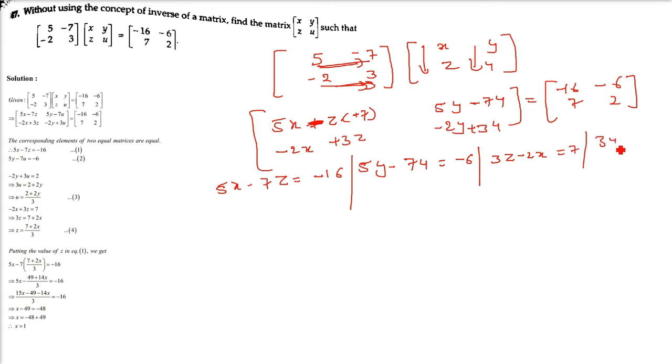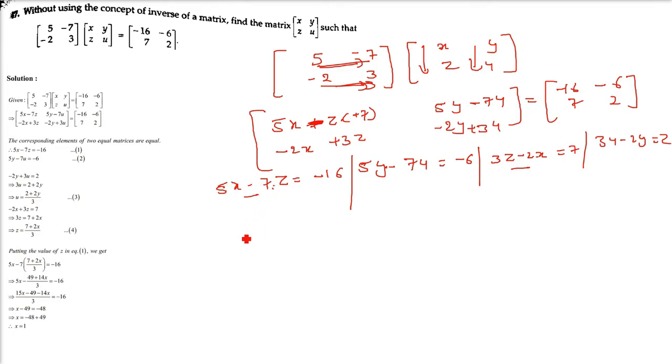The final equation, 3u minus 2y is equal to 2. Now there are two equations having x and z, and two equations with y and u. So we have simultaneous equations, and we are able to solve them.